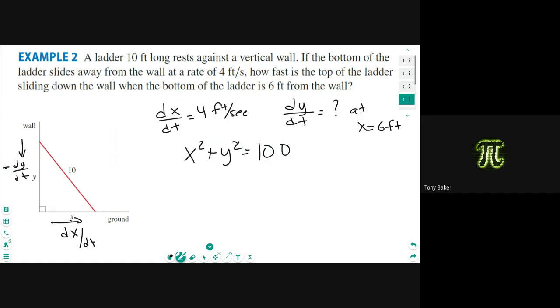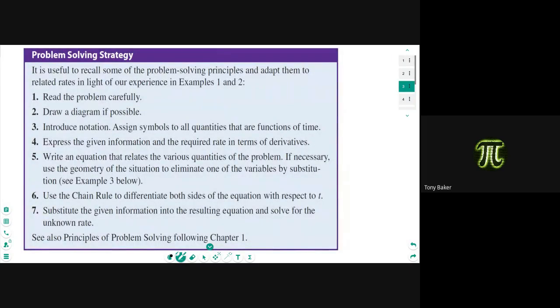What's the next step? So if we go back and look at our steps, we've now read the problem, we've drawn a diagram, we've introduced notation, we've expressed it in terms of related rates, we wrote an equation for it. We're on step 6. Chain rule.